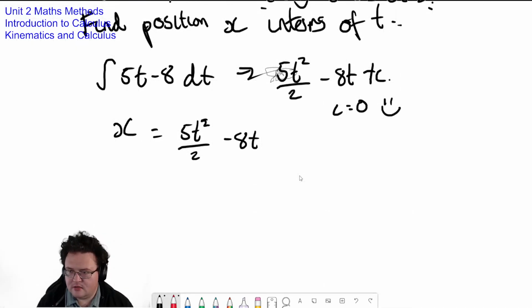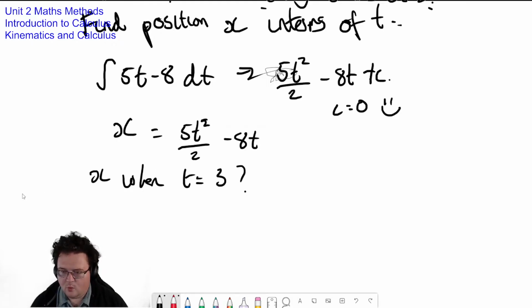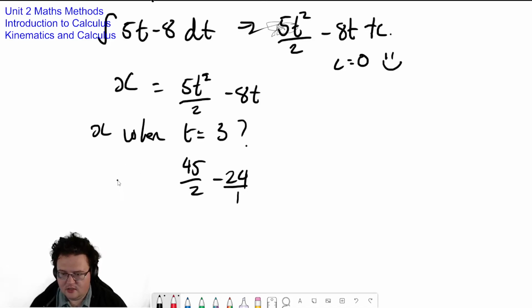Find its position x when t equals 3. Well, I would substitute that into my position equation. t squared is 9, so that's 45 over 2 minus 24 over 1. x equals negative 3 over 2.